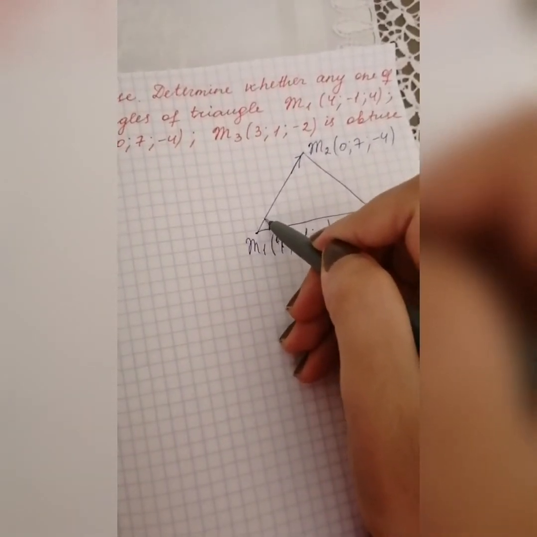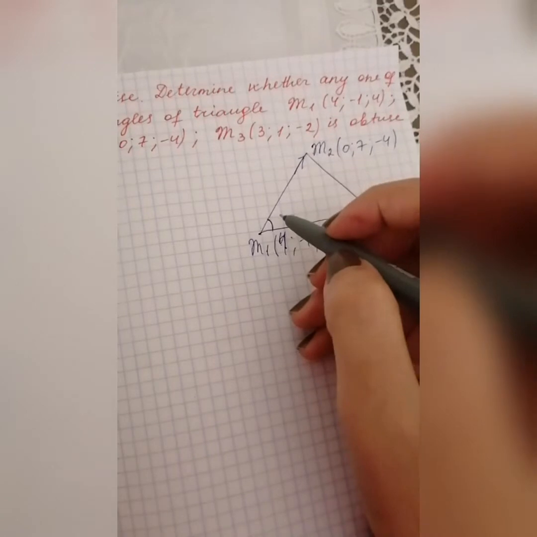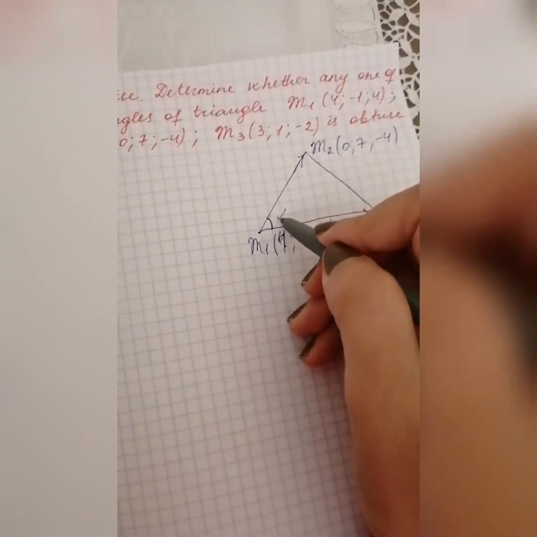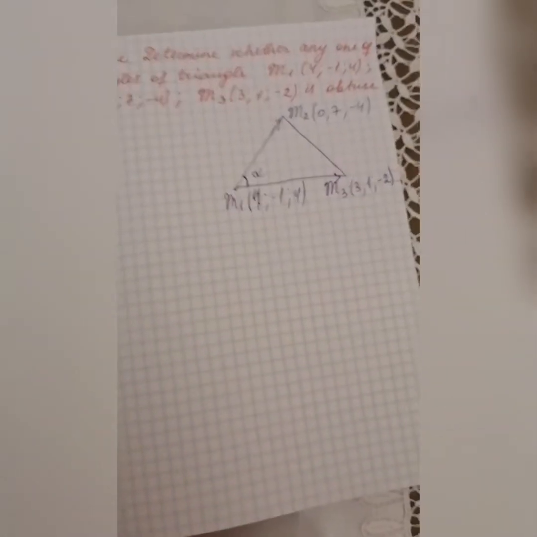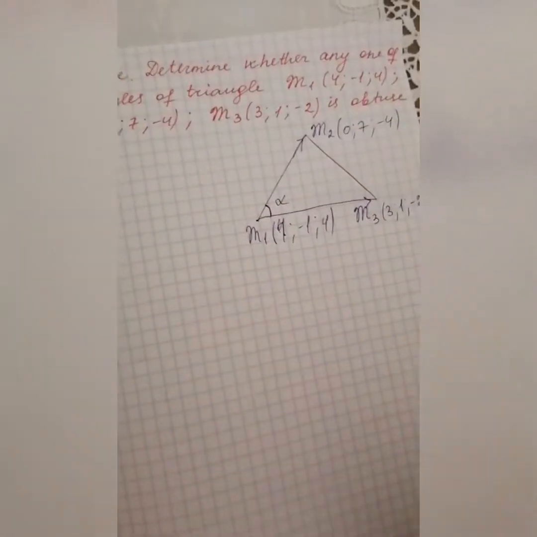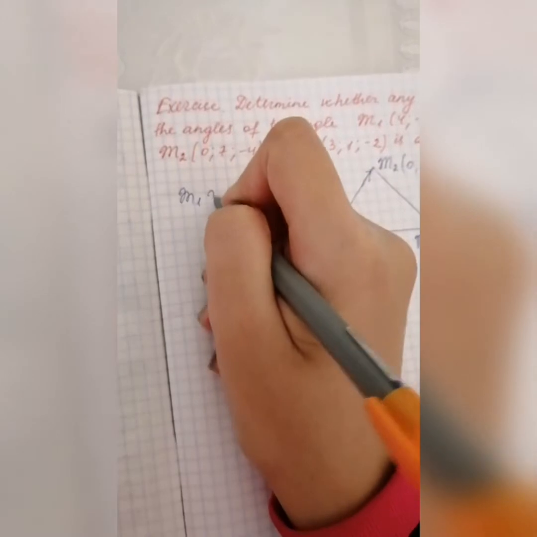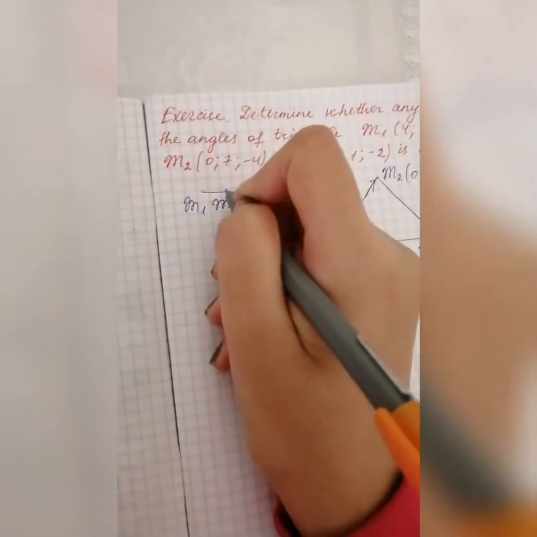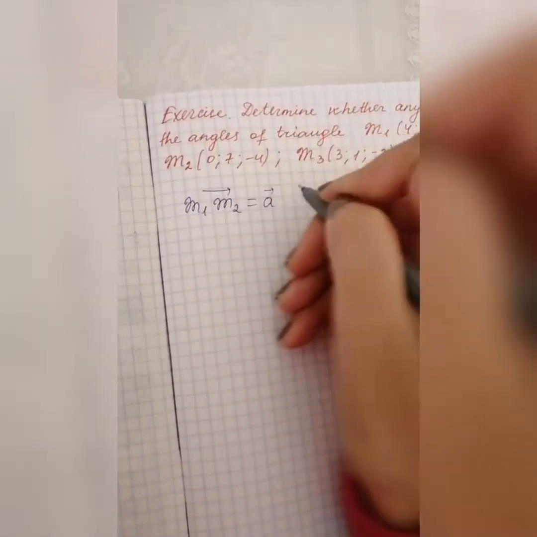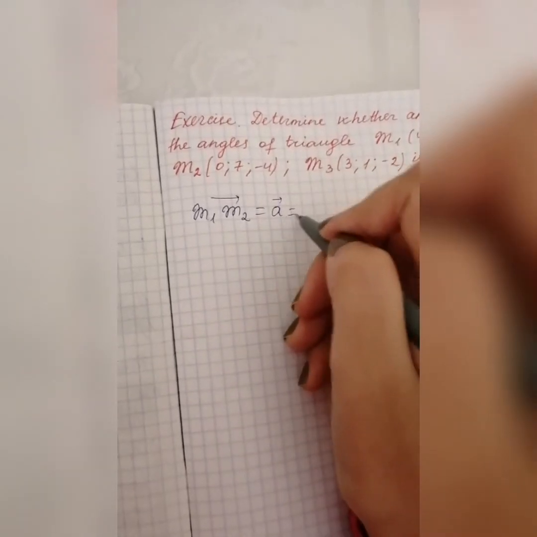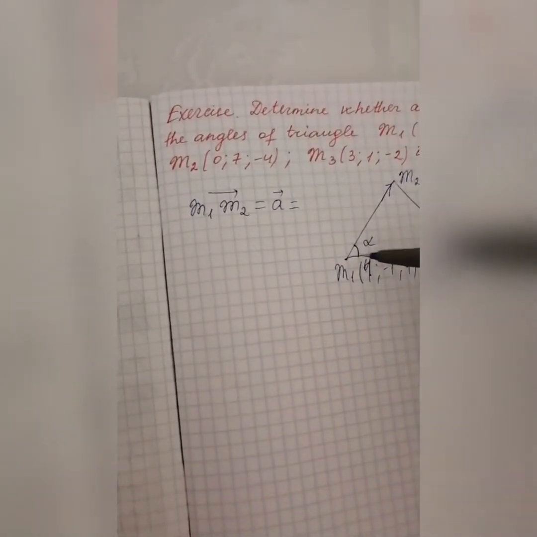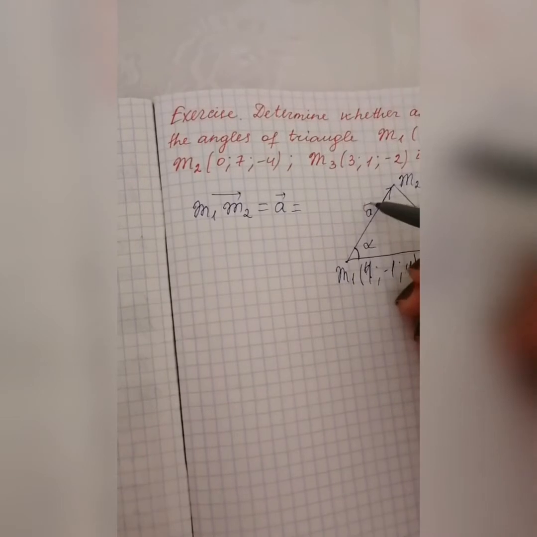We can define and call this angle alpha. And yes, we can call the vector M1M2 vector A, and we have to find the coordinates of the vector A.